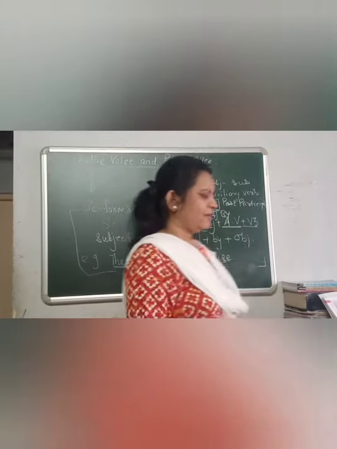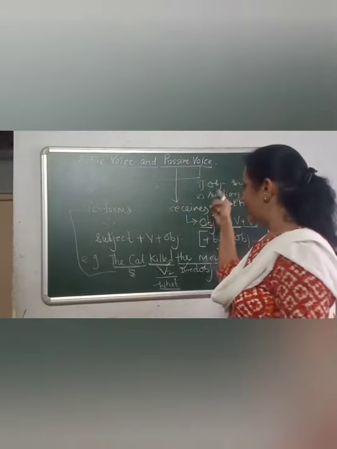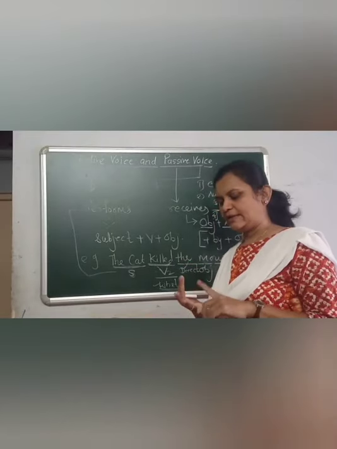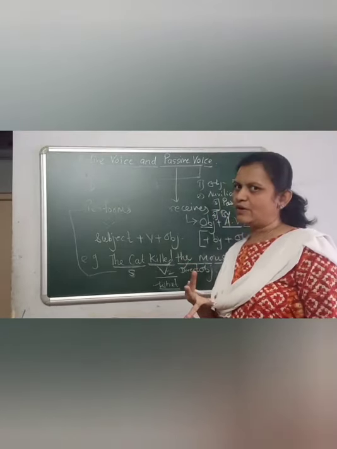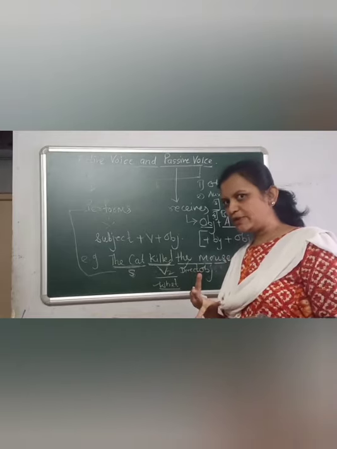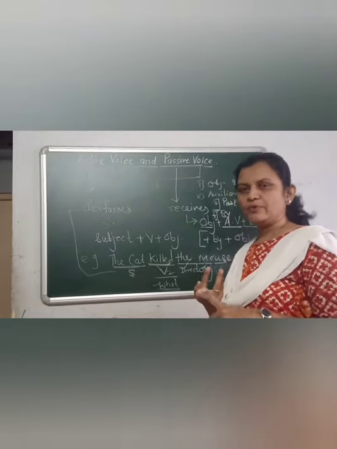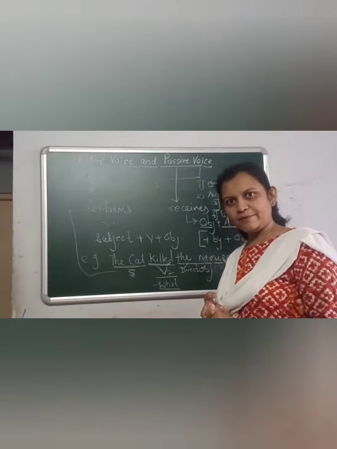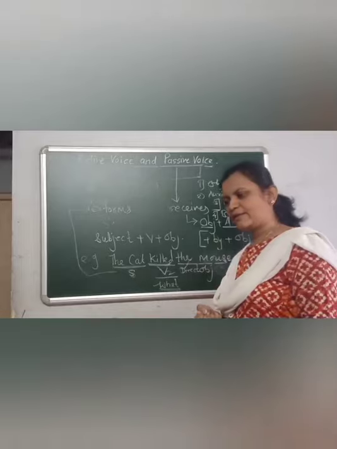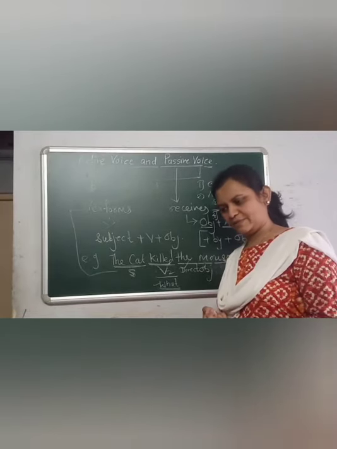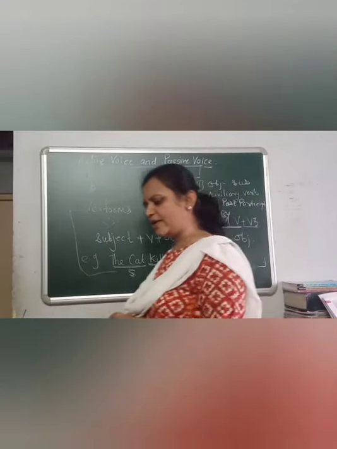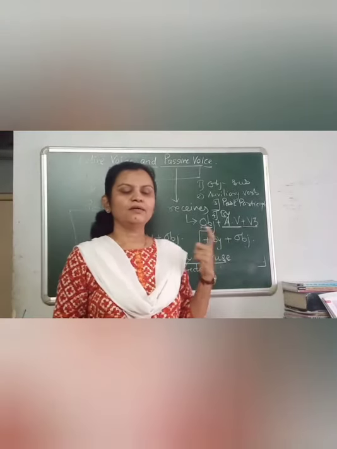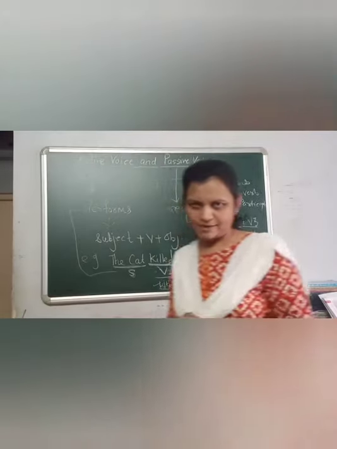Now see, first, that object you have to write down at the place of the subject. Second, write down auxiliary verb according to the tense. Third, use the past participle of the verb. Fourth, write down by. And the last one, write down the objective case of subject. These 5 things are very important. You have to always remember them while converting the active into the passive.